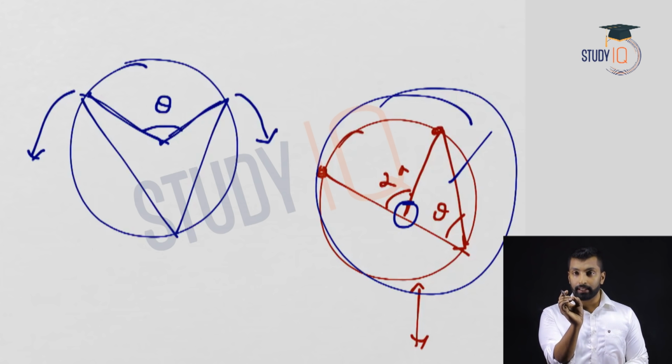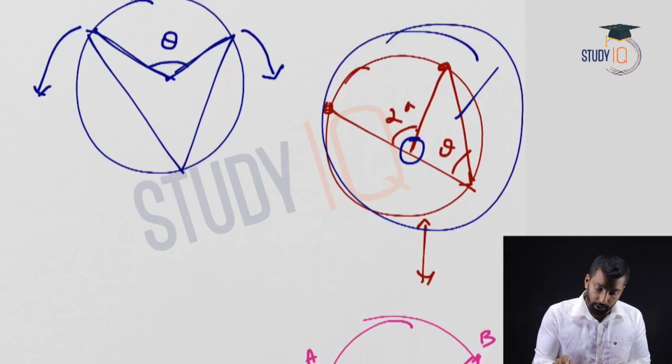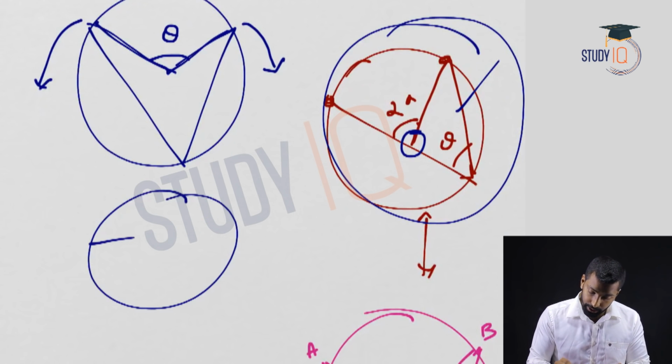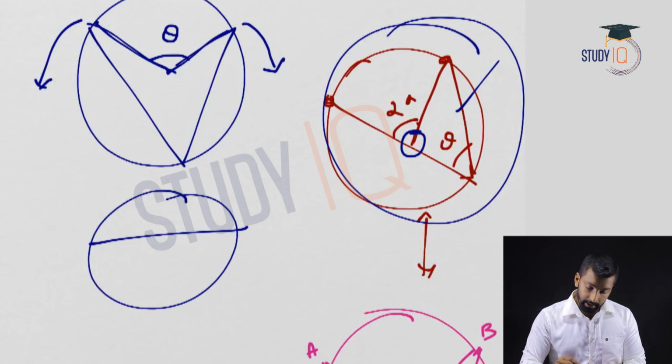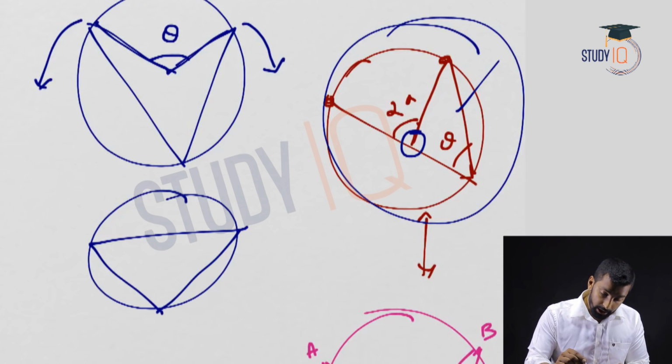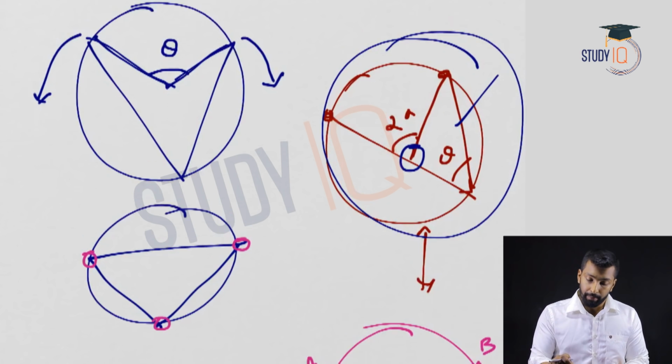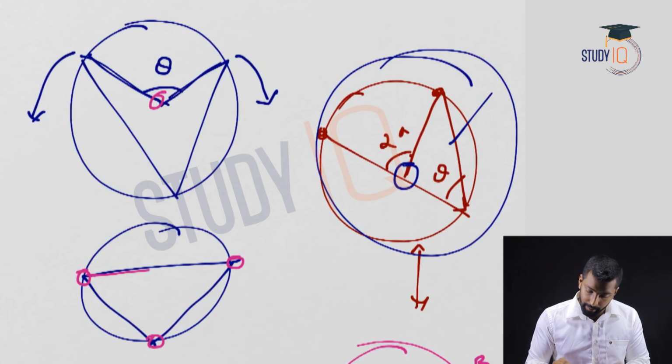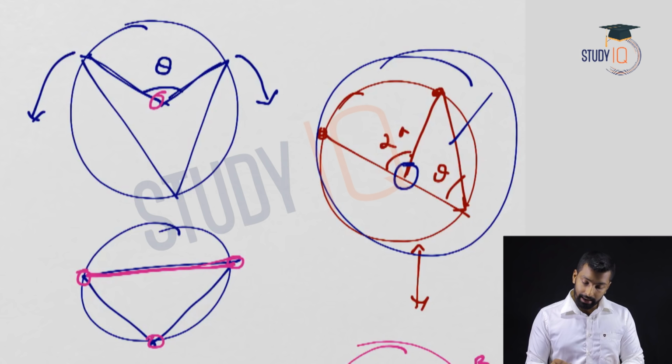So just expand that 2 theta angle so that it becomes the diameter. Then it will look like this. So that becomes this diameter, and you will have another angle. So you can visualize the 3 points on the circle like this also. But the center now became the diameter. And we know any angle inscribed on the diameter, touching a point on the circle, is going to be 90 degrees.